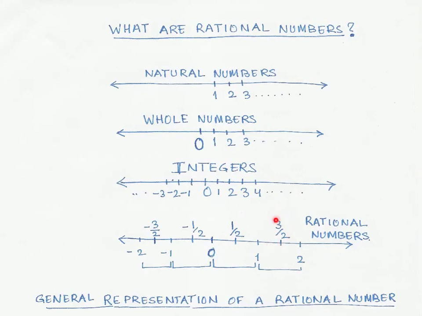And the same thing we can apply on the left hand side of the 0 in this direction, and you can see that we have minus of half and minus of 3 by 2. So you can see that the numbers that lie between the full numbers like 0 and 1, right, these are the rational numbers.